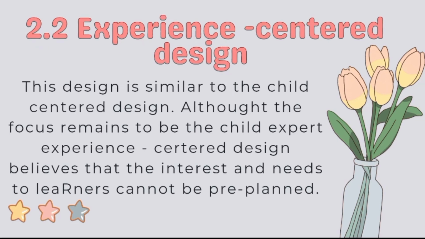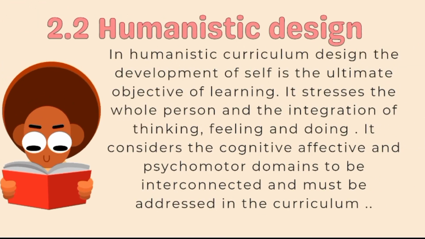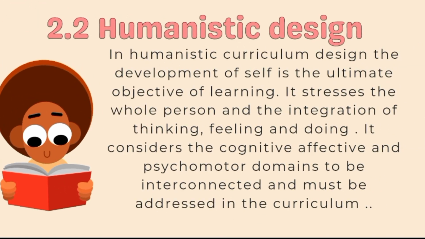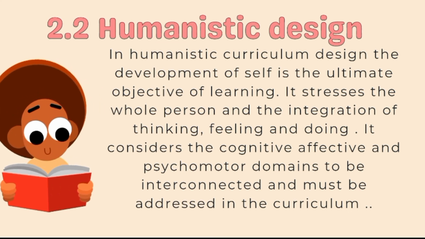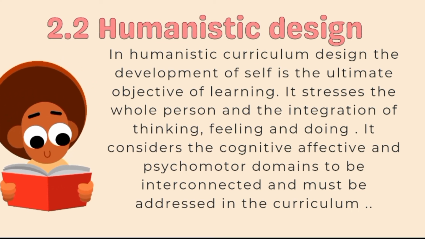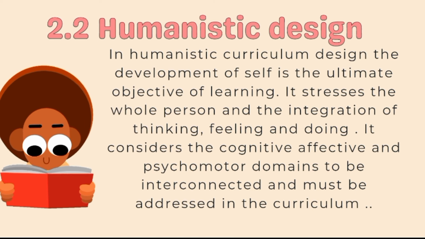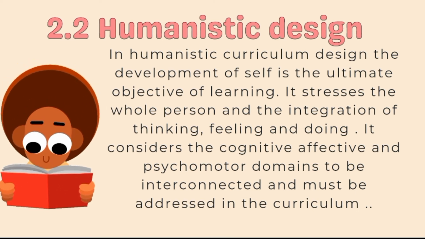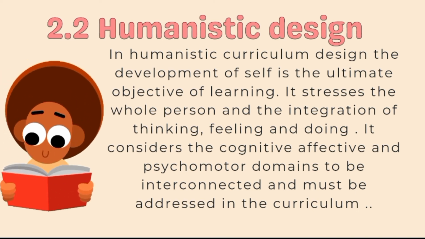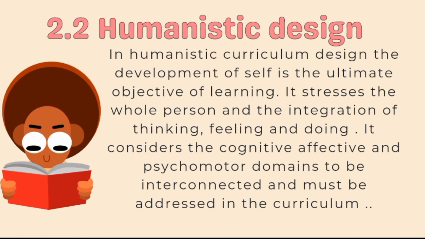Next is humanistic design. So, the key influence in this curriculum design is from Abraham Maslow and Carl Rogers. Explains that a person who achieves this level is accepting of self, others, and nature.